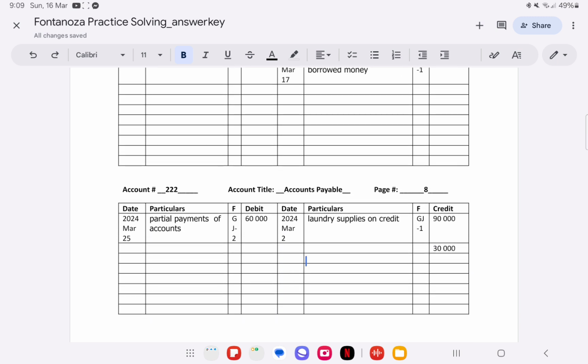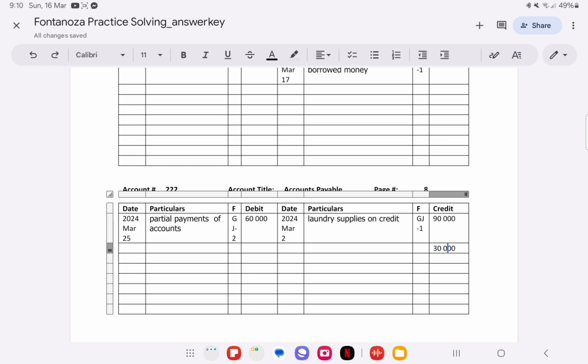And we have accounts payable, 90,000 in the credit, and we also have 60,000 on the debit. So all you have to do is subtract, since this is unlike signs in our mathematical rule: 90,000 minus 60,000, so 30,000. Since accounts payable is increasing on the credit side, its amount is larger than the debit.